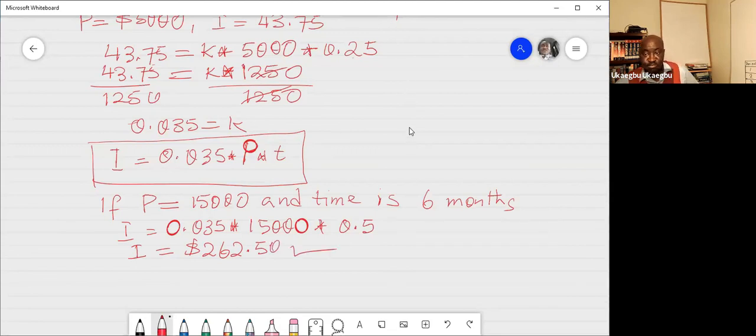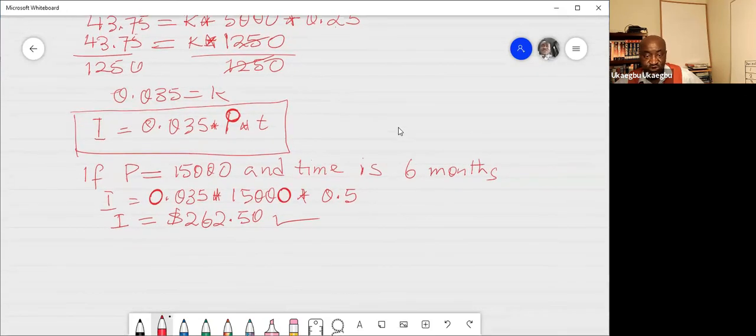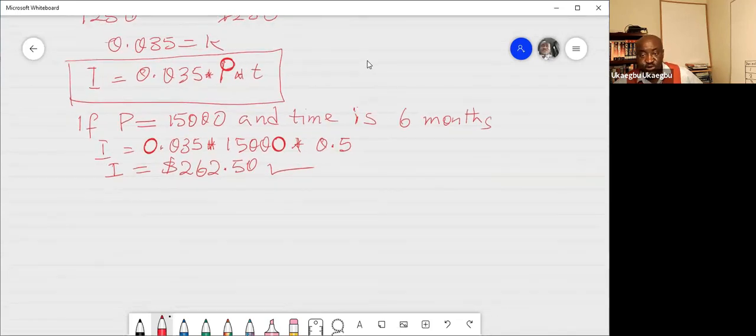So this is what the bank does every single day, including now. This is what is happening behind the scenes. They either do simple interest or they do compound interest. It depends. Even when you buy cars, some of you have seen parents buy cars.